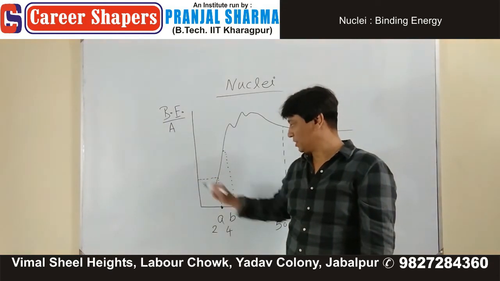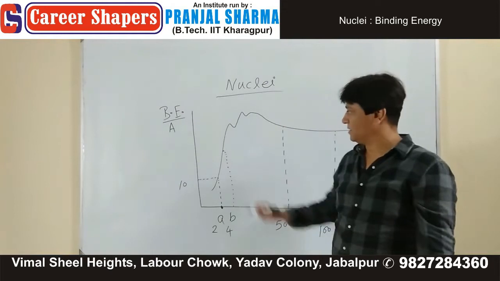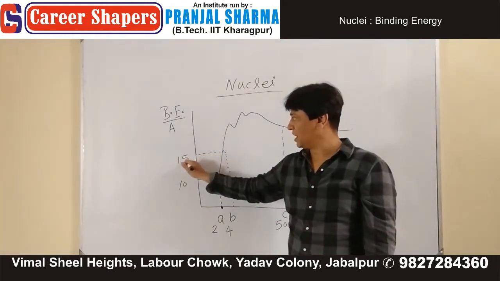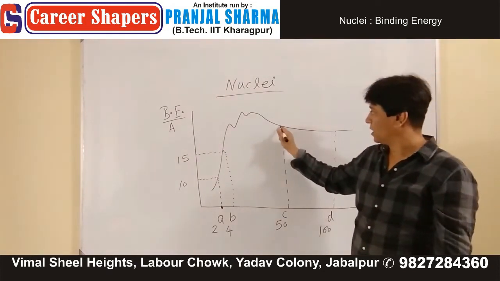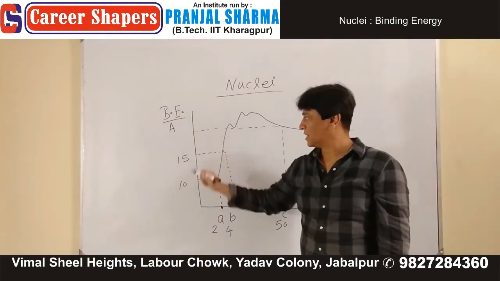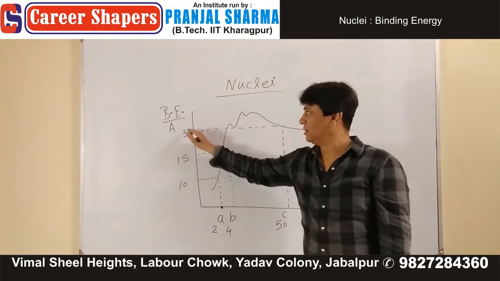Binding energy per nucleon, let's say is 10, is 15. Over here, let's say this is 30.